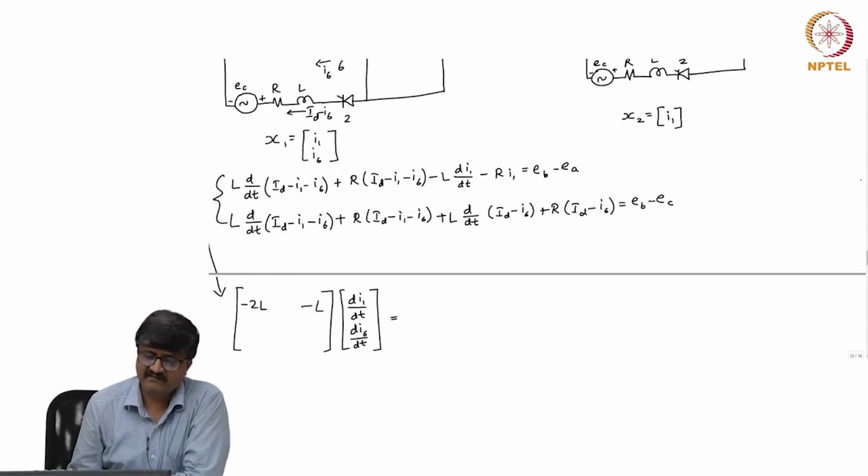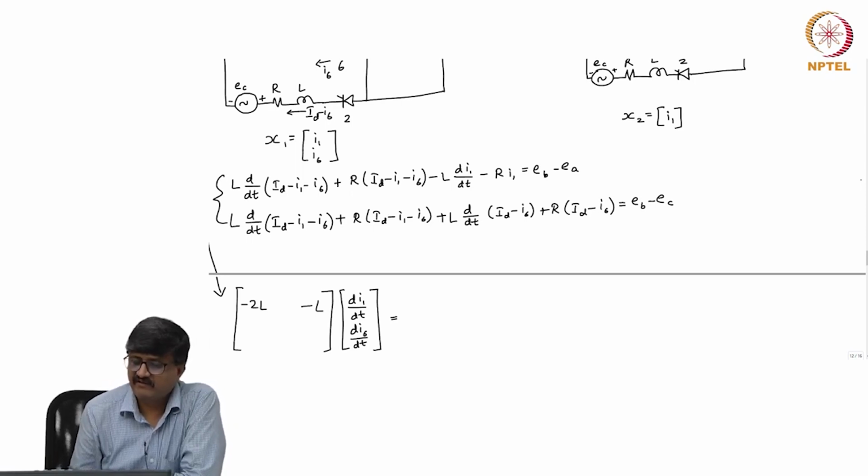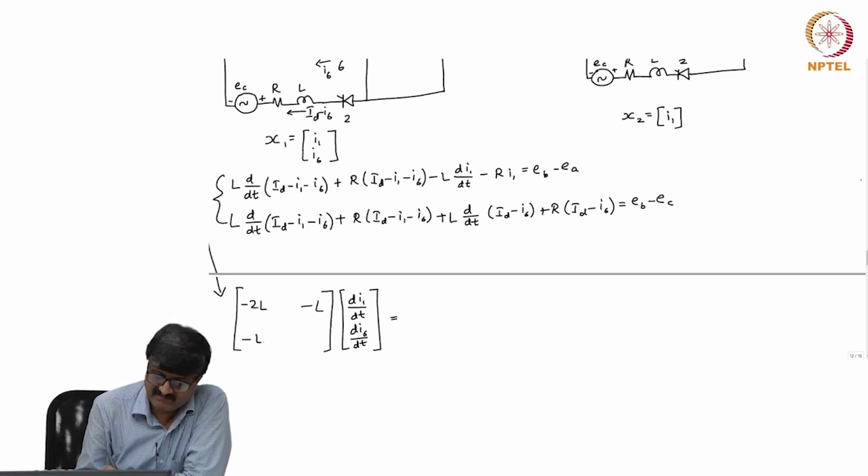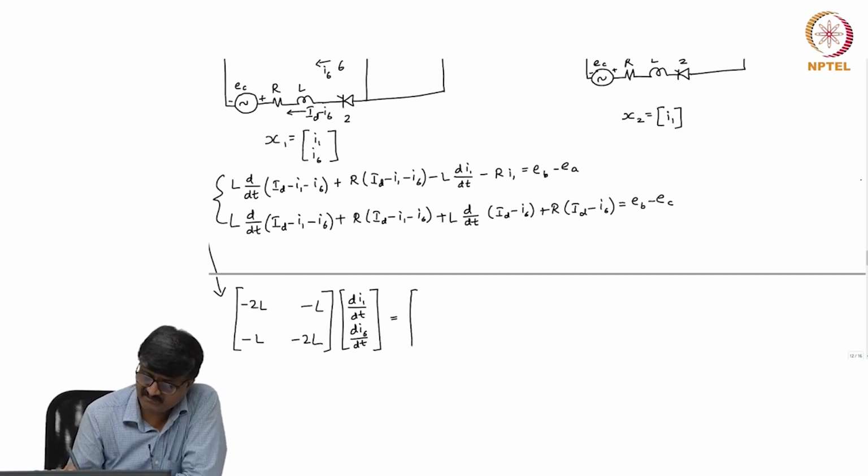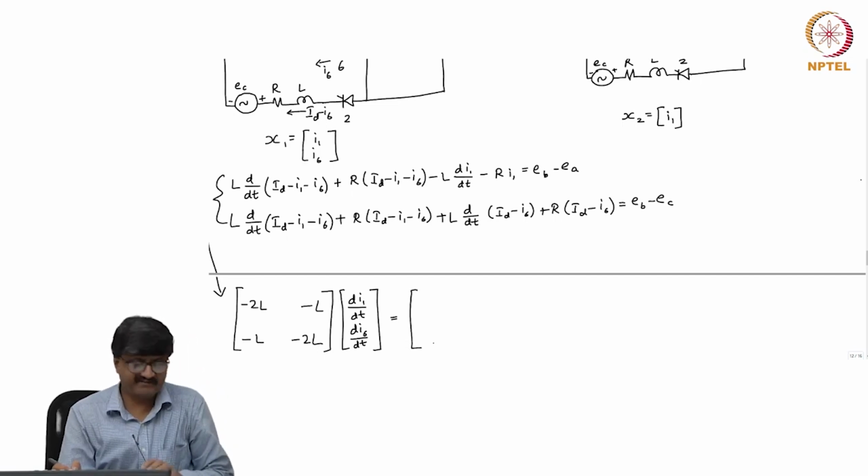Similarly, in the second equation, the coefficient of dI1/dt is minus L, and for dI6/dt there are two terms of minus L dI6/dt, so this is minus 2L. So I push all the other terms to the right hand side.